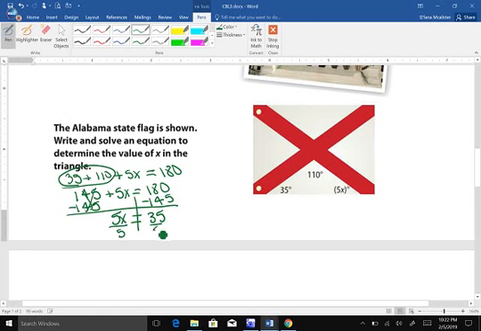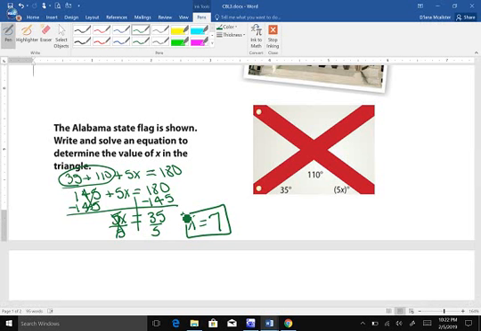I can divide each side of this equation by 5, and I see that x equals 7. Are there any questions about naming triangles based on their angles or their sides and determining the value of x if all the angles inside of triangles equal 180 degrees?